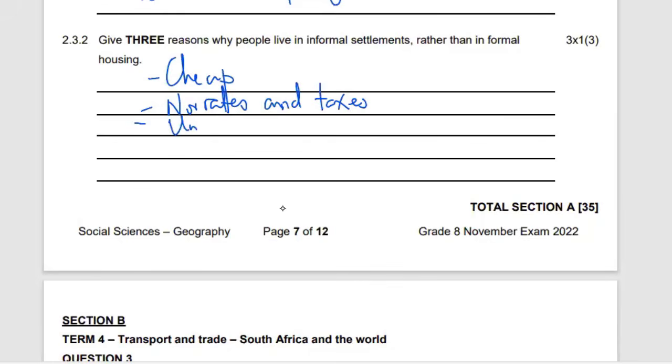Talk of aspects like people being unemployed. They don't have a source of income, hence they cannot afford decent housing. Talk of things like poverty.